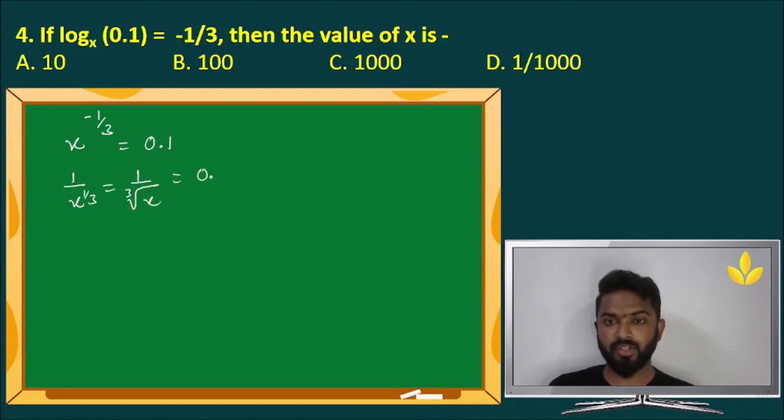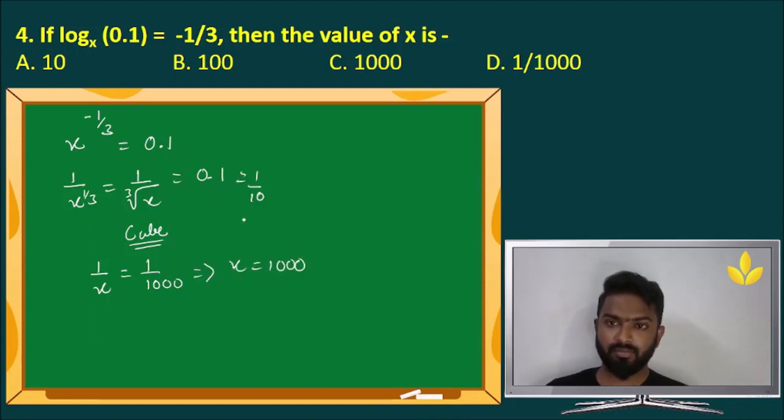That is equal to 0.1. So if we want to find x, we need to find the cube of everything. If you cube everything, what do you get? This is nothing but 1 by 10. If you cube everything, you will get 1 by x because cube root and cube cancel out each other. This is equal to 1 by 1000. This means obviously that x equals 1000. That's it. The answer is C.